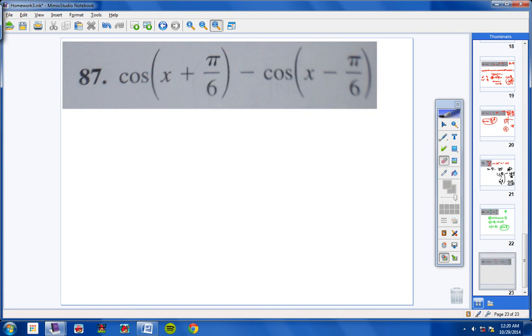Since we're doing that, if you look at your trig identity sheets, what we have is this. We have negative 2 sine of x plus y over 2 times sine of x minus y over 2.